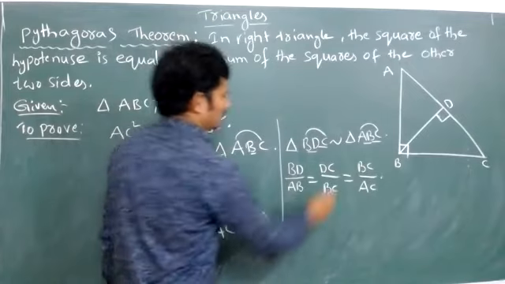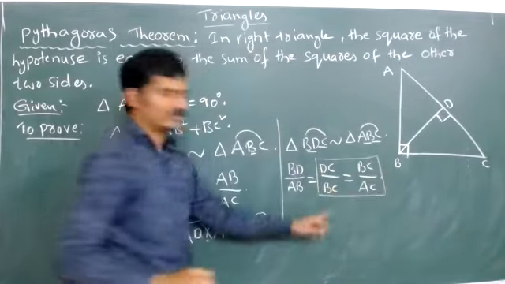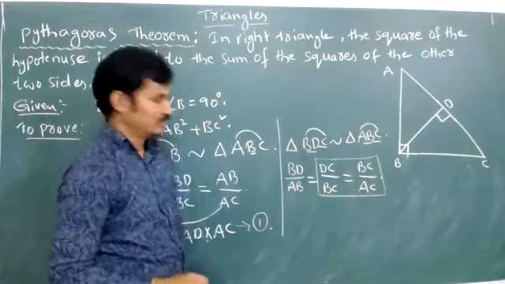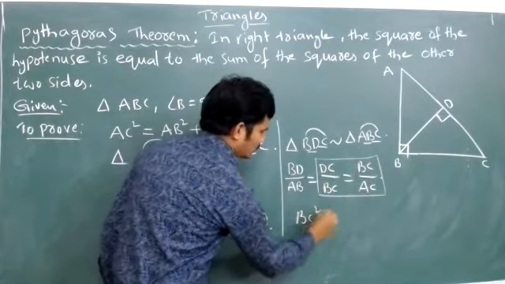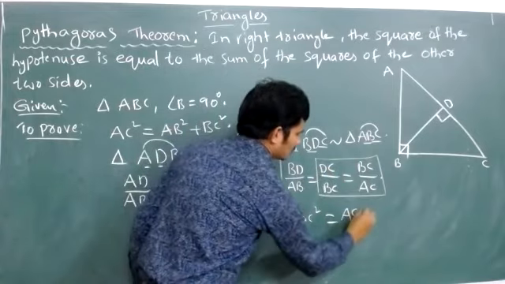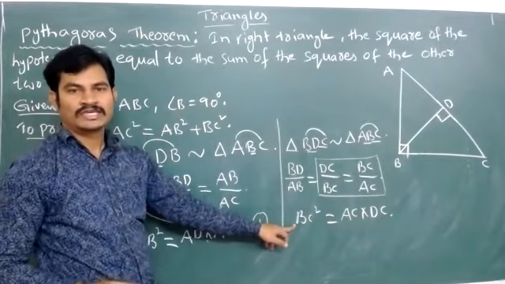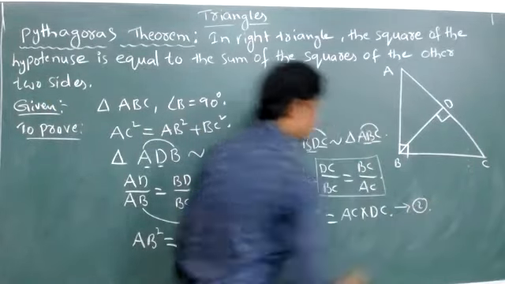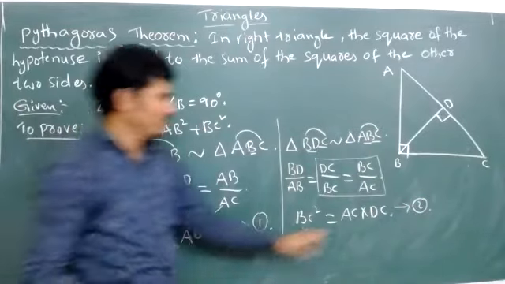If you take the last two and equate them, and do cross multiplication, then BC square is equal to AC into DC. Take this as equation 2.